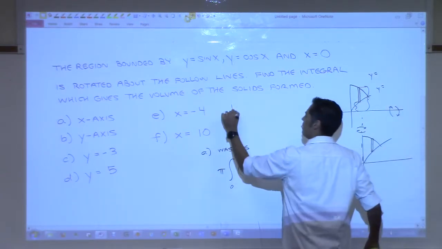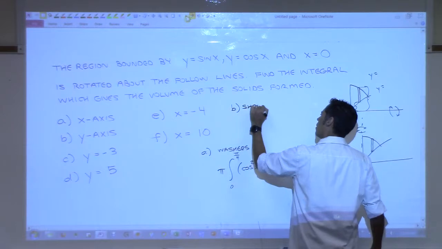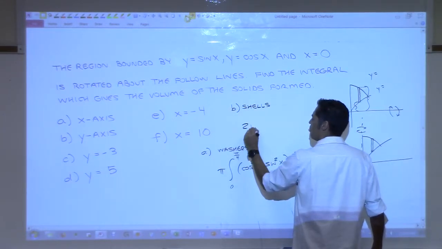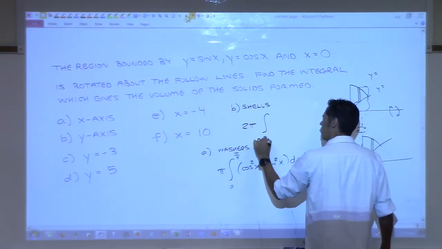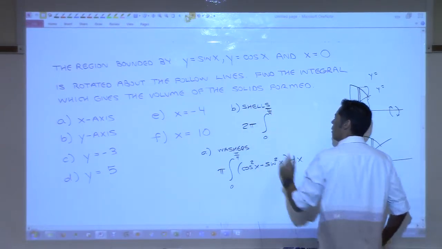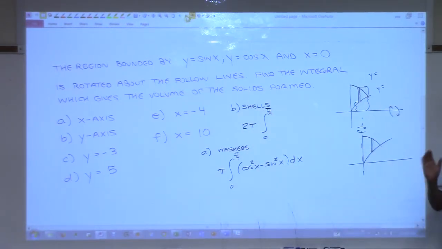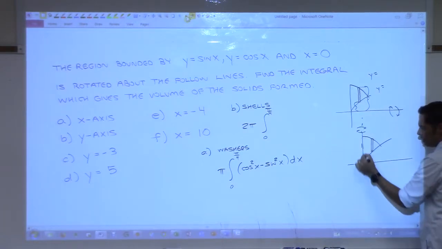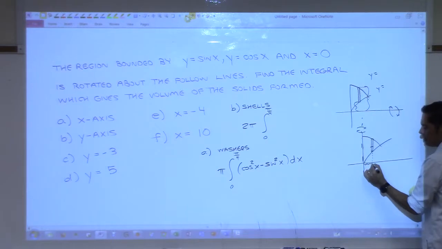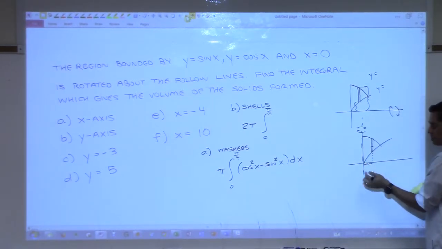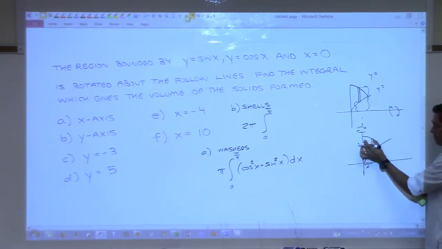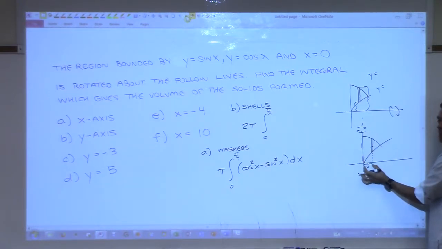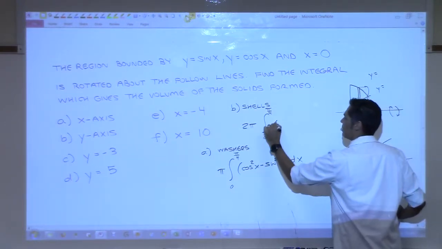So for part B, using shells, my formula is 2 pi integral from 0 to pi over 4 again, and then the all-important radius, which is always the distance from the axis of rotation to your rectangle. That distance is always x. In this particular problem, our radius is x.